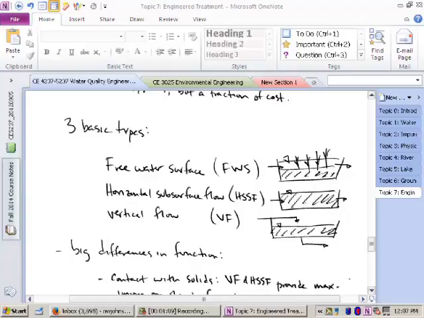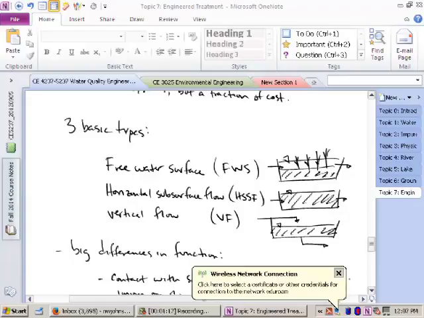That's true. It doesn't encounter any resistance from the porous media. If it gets too big, it changes the residence time, and so you're not going to get as much reaction that happens. So just because the water goes into a wetland and comes out the other side doesn't mean it's clean.